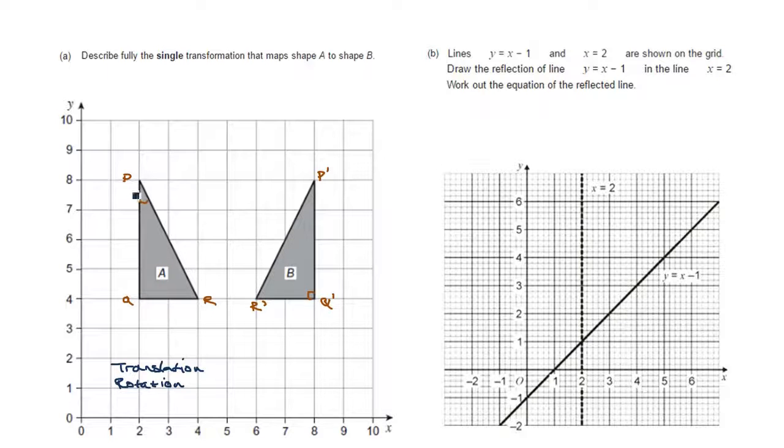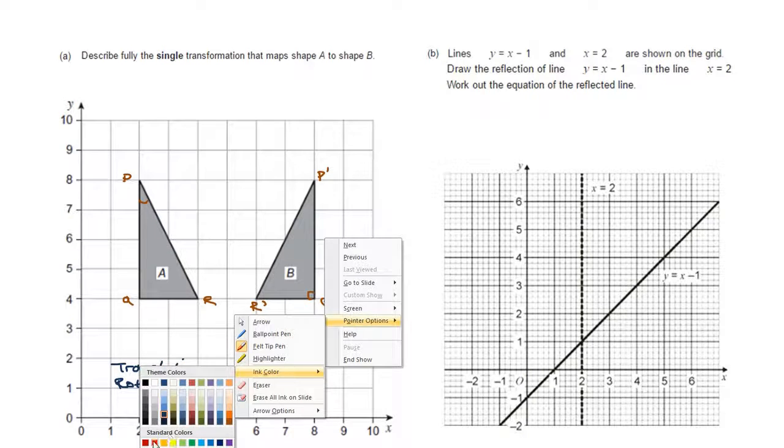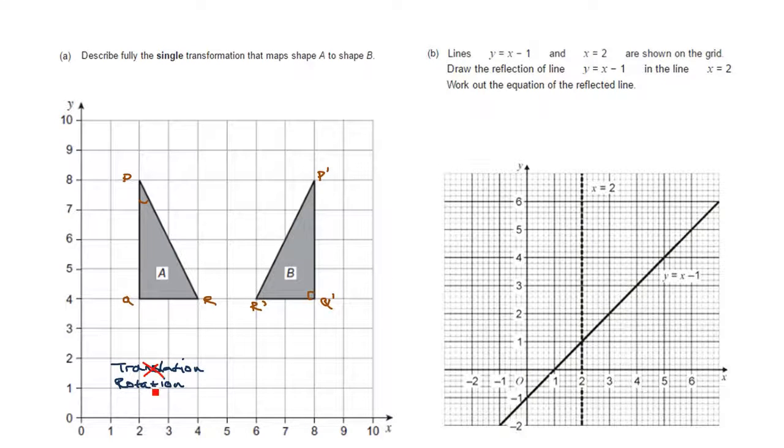So I've got P, Q, R going anti-clockwise, whereas here I've got P prime, Q prime, R prime going clockwise. So whatever the transformation has done, it certainly hasn't translated the object, where I wouldn't get that reversal, nor has it rotated it, because even with a rotation, the anti-clockwise direction of the labelling would be preserved.